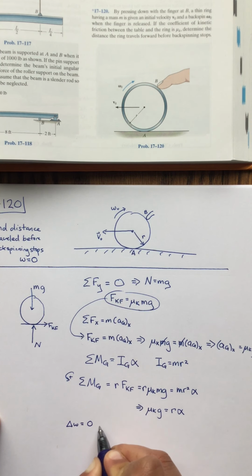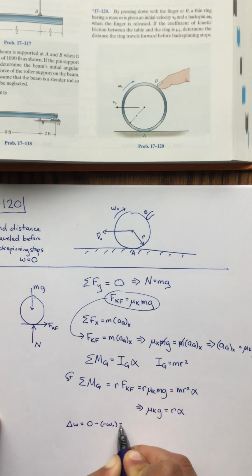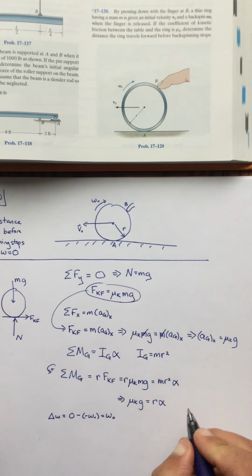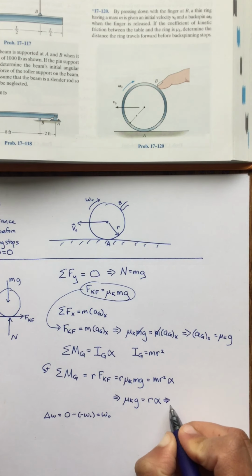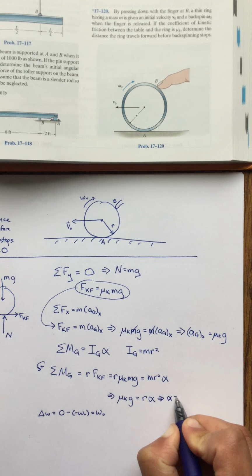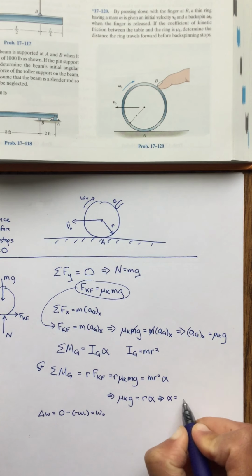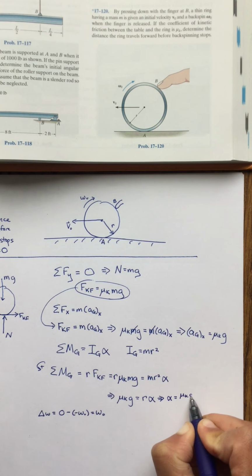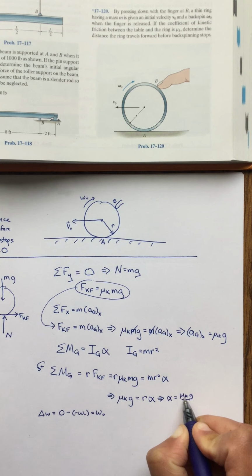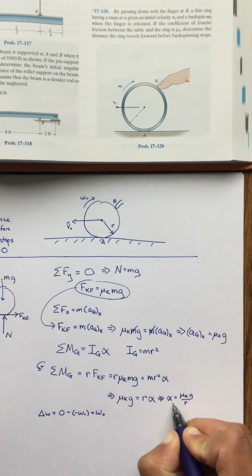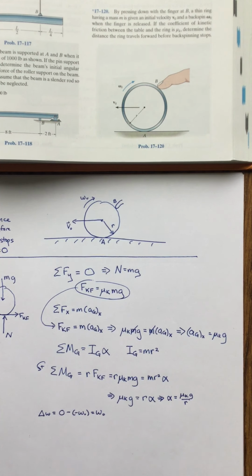So I can say that change in angular velocity is final angular velocity minus initial angular velocity. So I have that, and I can solve this for my angular acceleration. And I have, that's mu k g over r. Mu k is a constant, r is not changing, so the angular acceleration is constant.